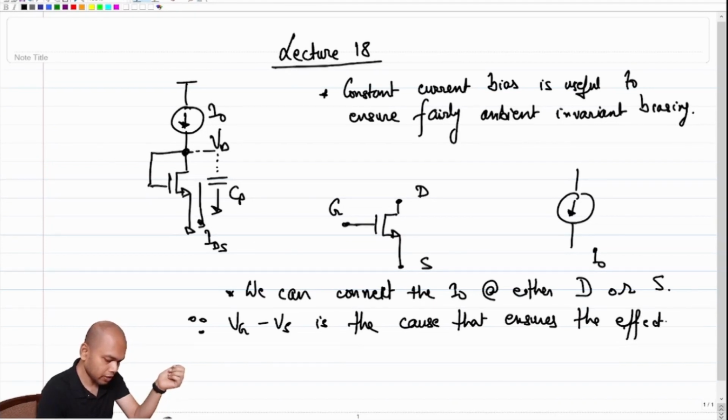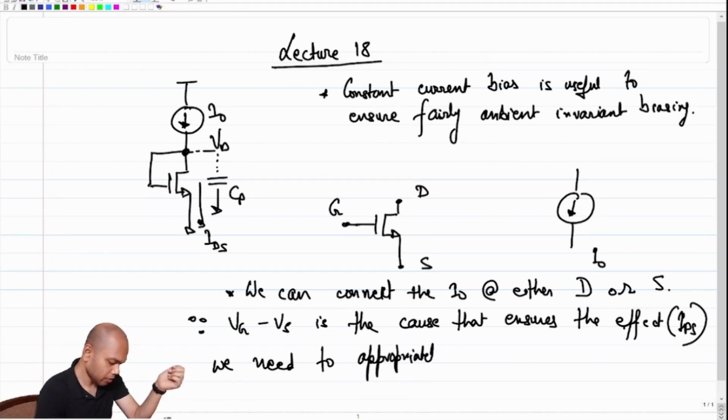What is the effect? The effect is IDS. We need to appropriately tweak the gate voltage or the source voltage, or maybe both, right?